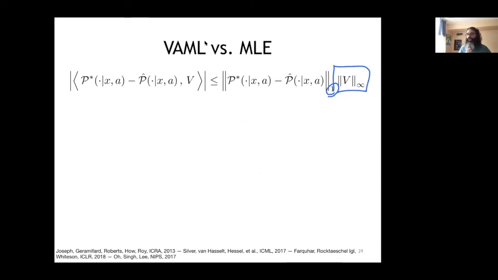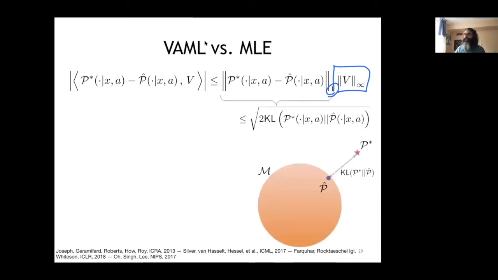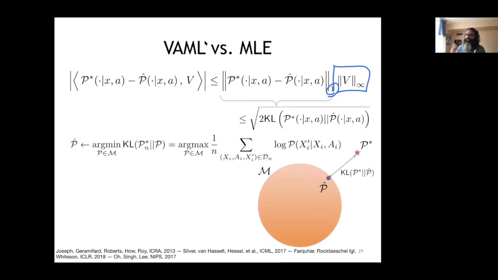But the issue here is, okay, so next step, KL is, as I discussed in the previous slide, related to the maximum likelihood estimate, which basically tries to use empirical data to minimize the KL.